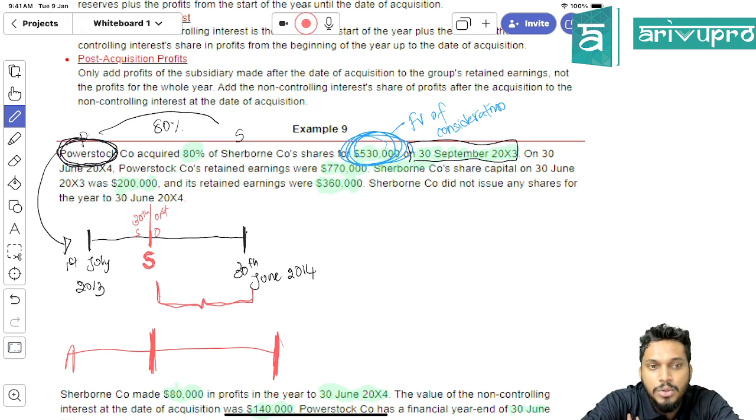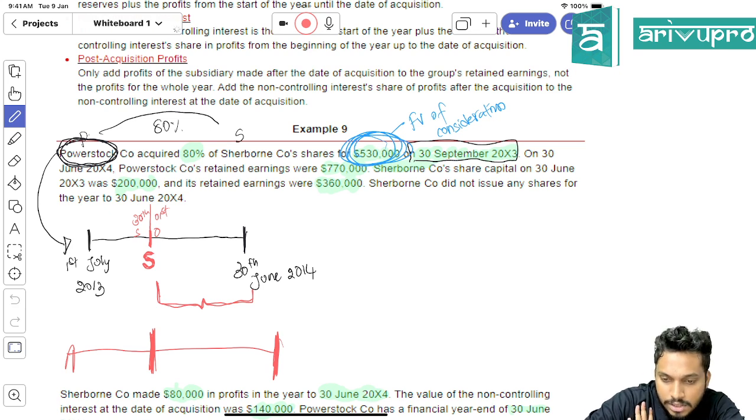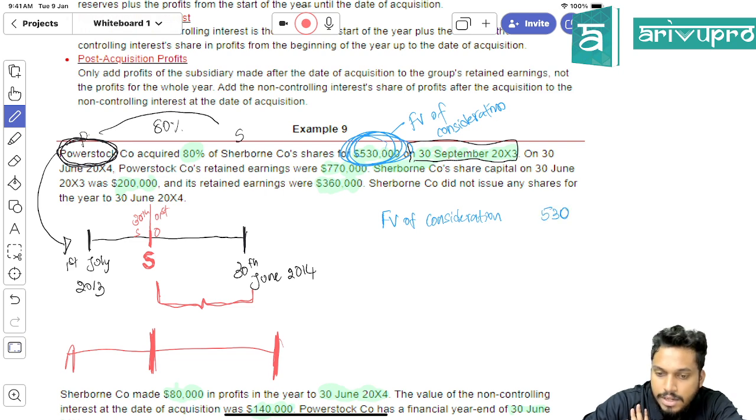What is the next thing to calculate goodwill? So let's calculate it here. Fair value of consideration. You know that that is 530,000. So everyone knows that. What is the next thing? Fair value of non-controlling interest.